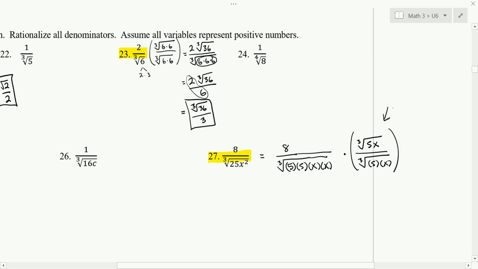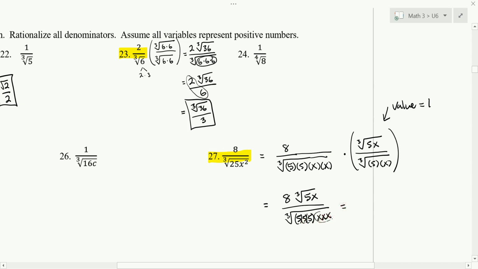Which has a value of 1. Right? Because cube root of 5x over cube root of 5x is 1. So we're multiplying our fraction by 1, maintaining its original value. And we end up with 8 cube root of 5x over the cube root of, now we got 3 5's and 3 x's.